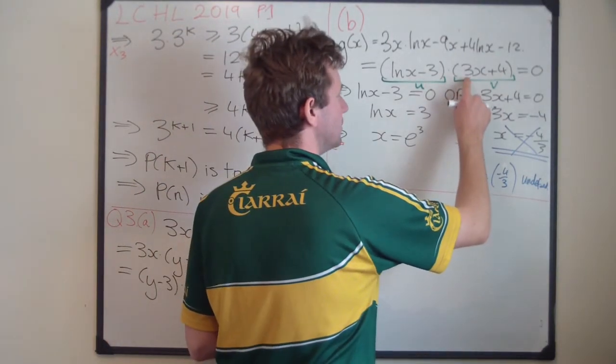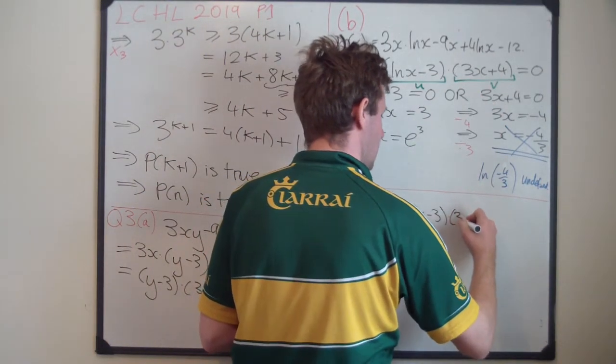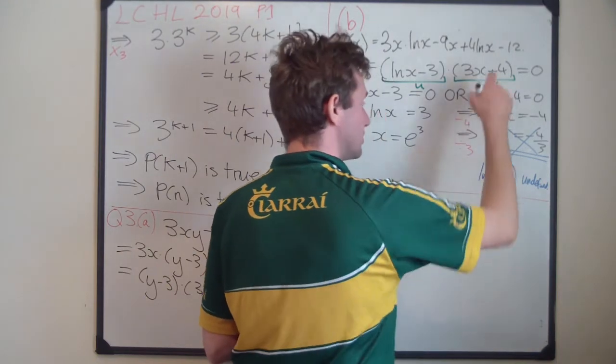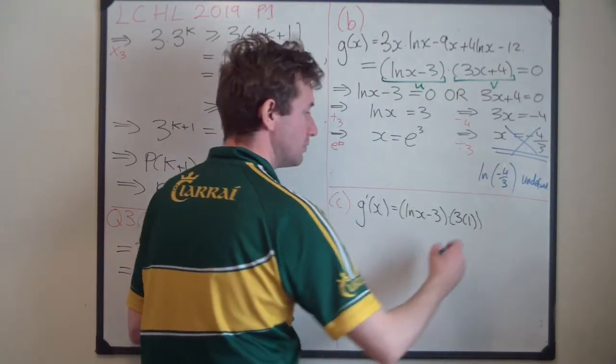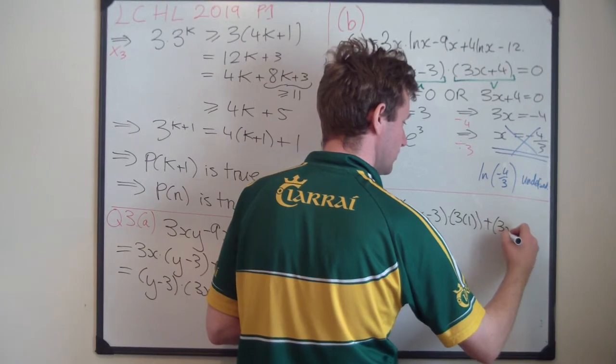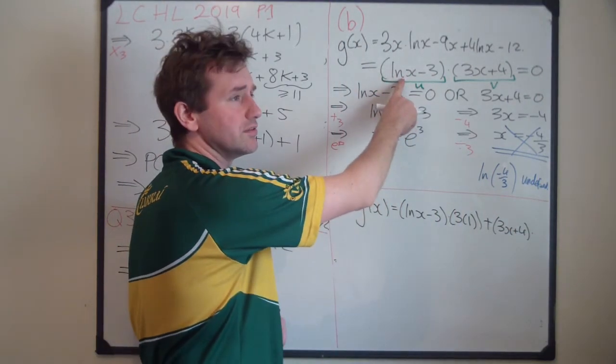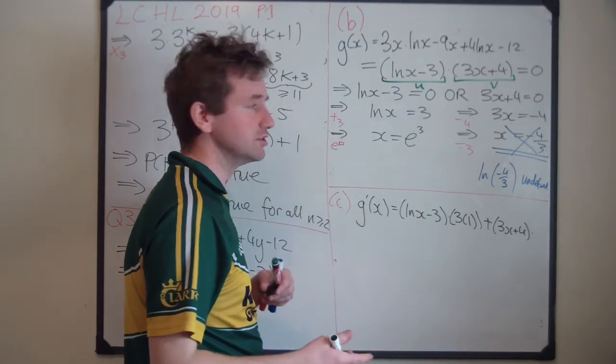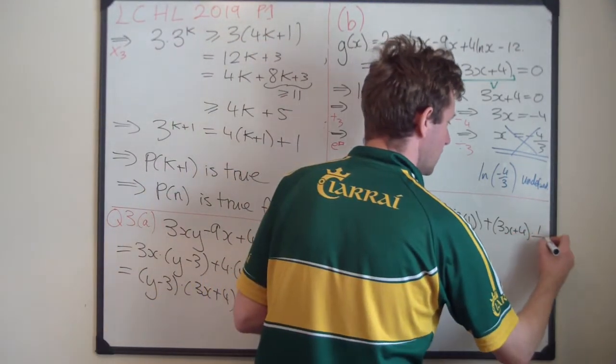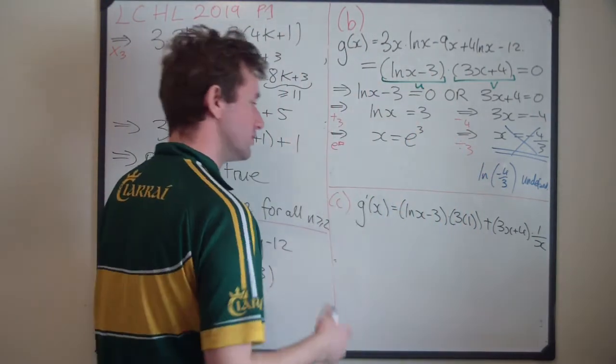So fix the 3, and the derivative of x is 1, plus the derivative of 4 is 0. Plus the second thing, which is 3x plus 4, times the derivative of the first thing. The derivative of log of x, in your tables, is 1 over x. And then the derivative of minus 3 is 0.